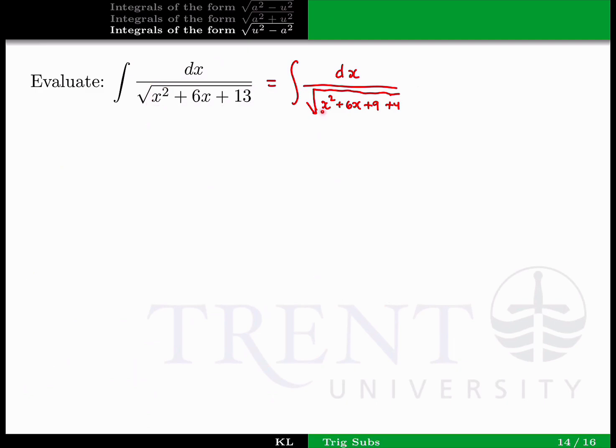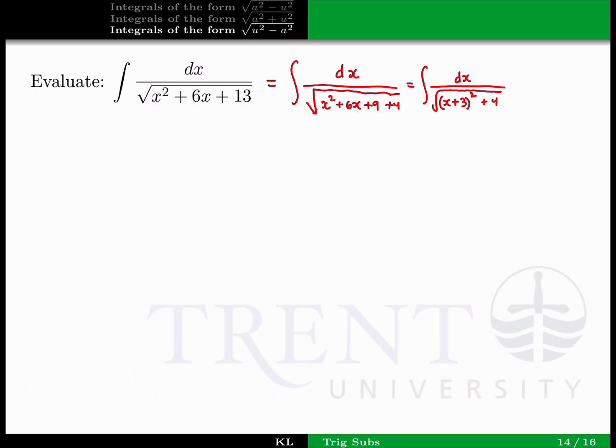And this expression here is a perfect square trinomial that you can write as, so let's put dx in the numerator. On the denominator, you can write that as x plus 3 squared. And of course, there's a plus 4 there, which is what? Square of 2.